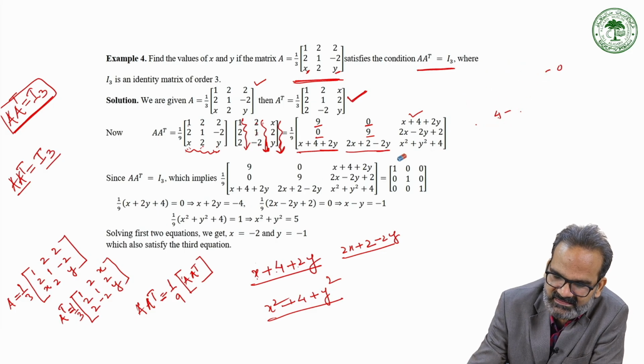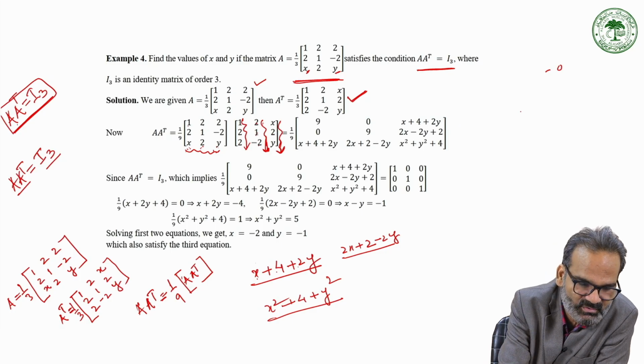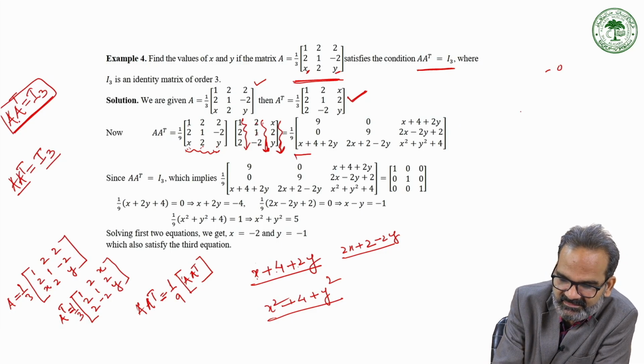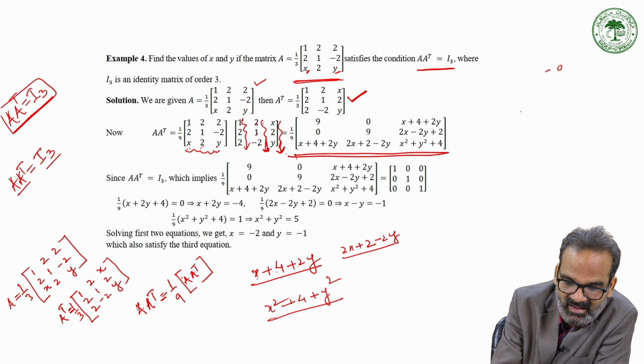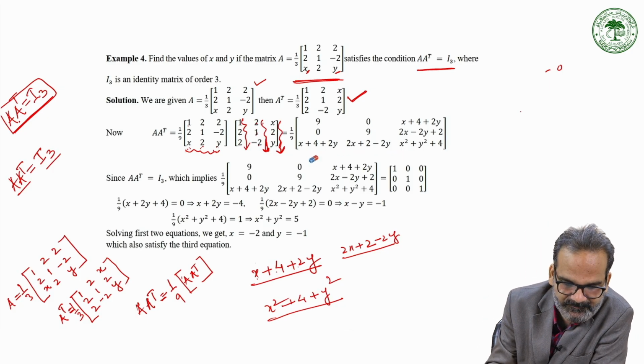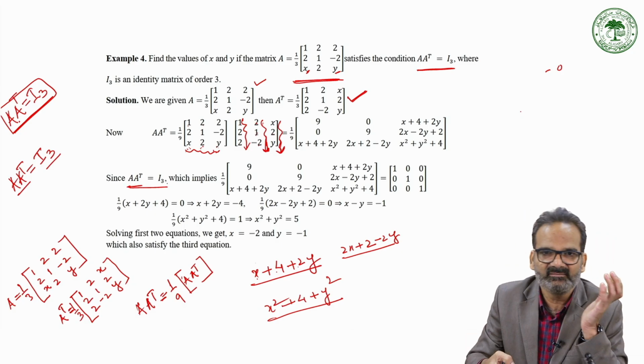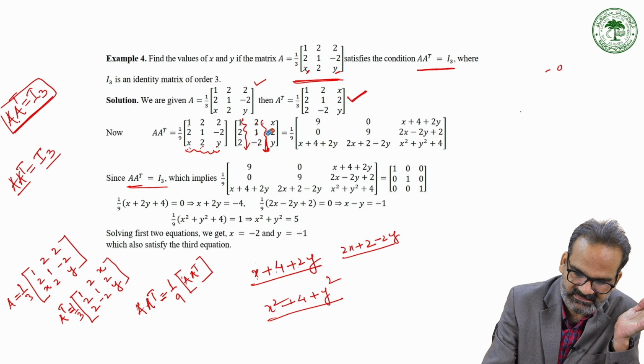Now after getting the resultant matrix, what is given here? This matrix is A into AT, and this matrix is equal to the identity matrix, right. So look at the next line. Since AAT is equal to I3, an identity matrix of order 3, this is given to us in the question.